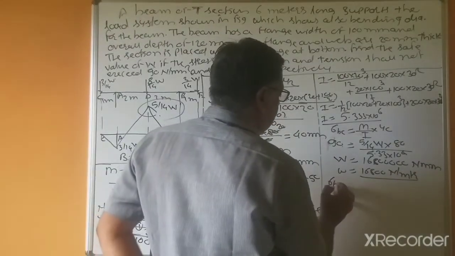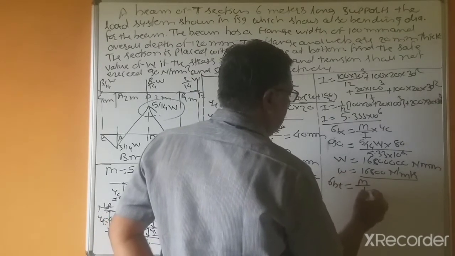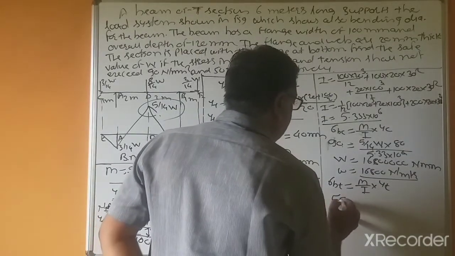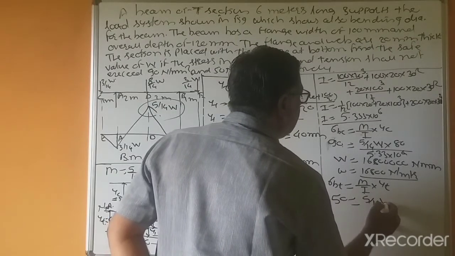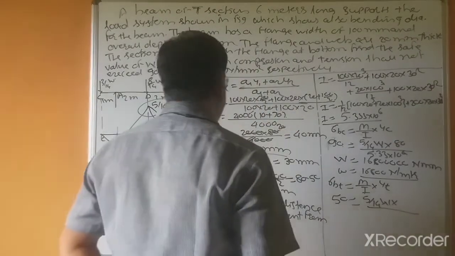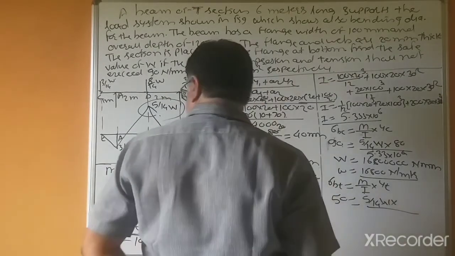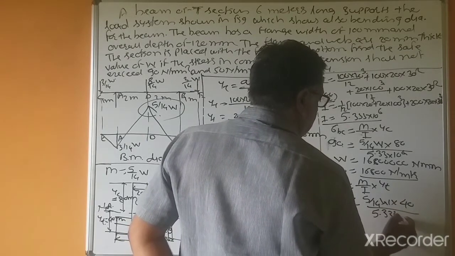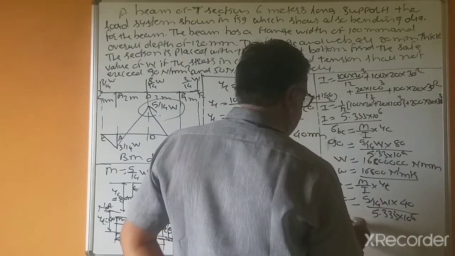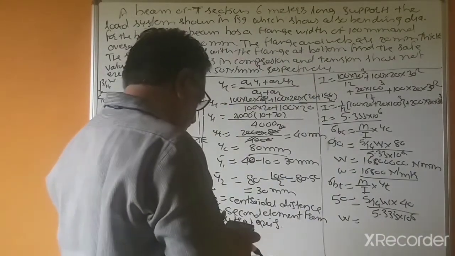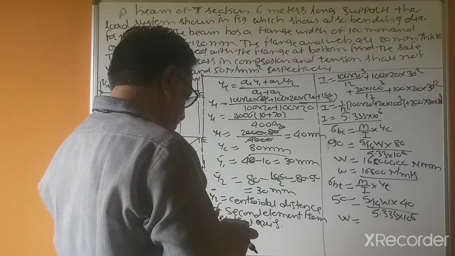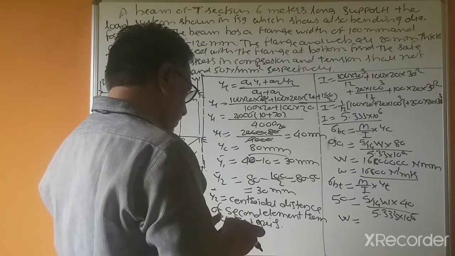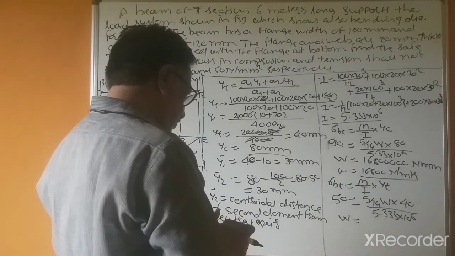And by using this formula, sigma BT again M divided by I, and this is YT, sigma BT 50, 5 by 14 W, YC equal to YT 40, 5.33 into 10 to the power 6, W equal to 5.333 into 10 to the power 6 multiplied by 14.